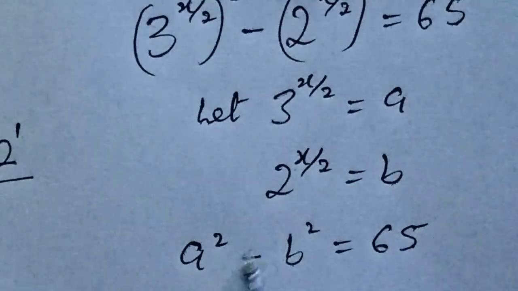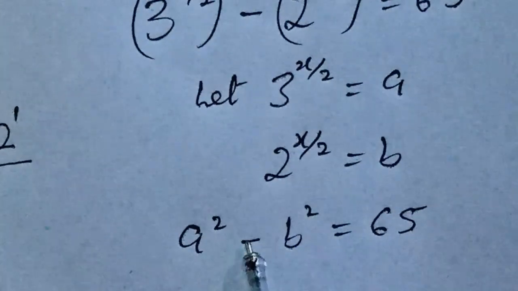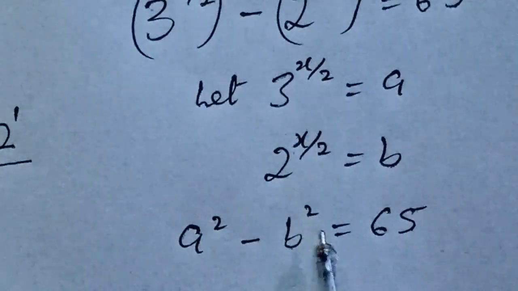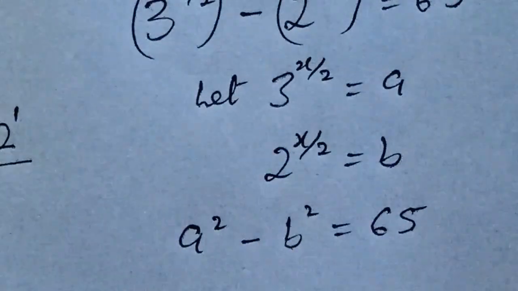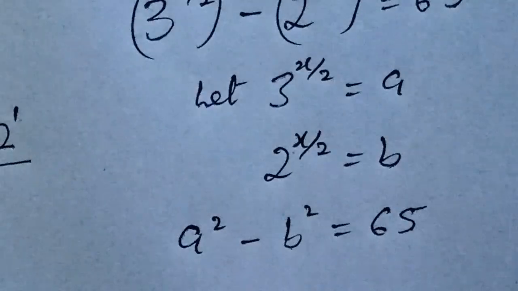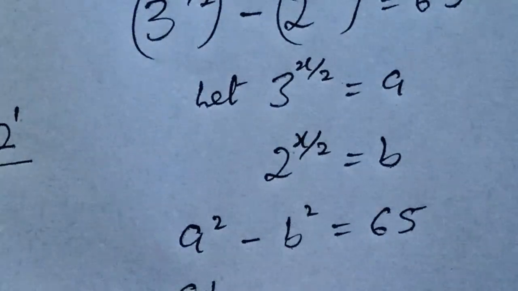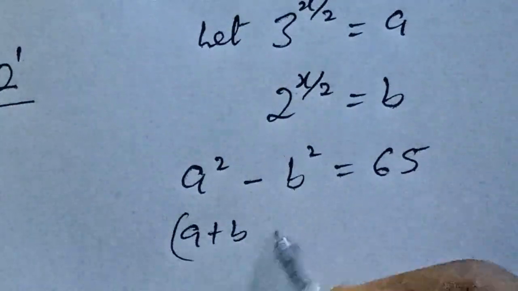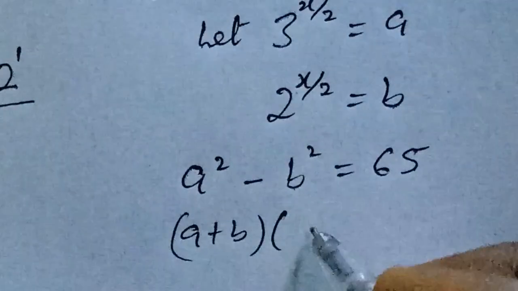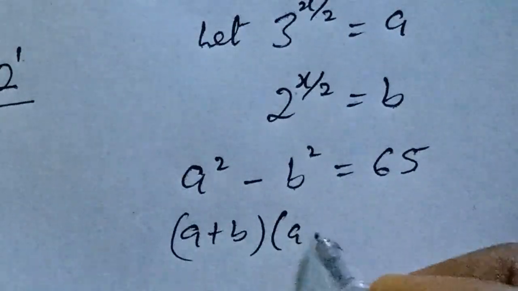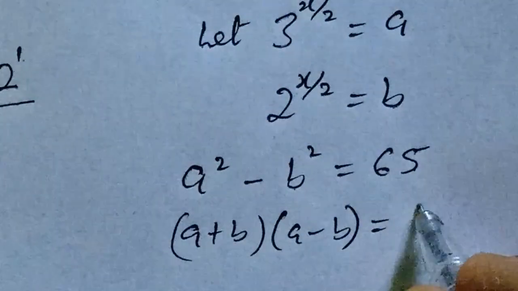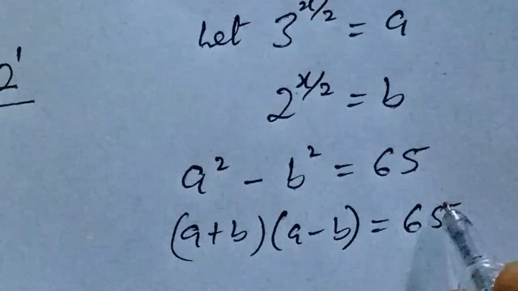Here, the left-hand side appears to be the difference of two squares, which we can write as a plus b into bracket, a minus b equal to 65.